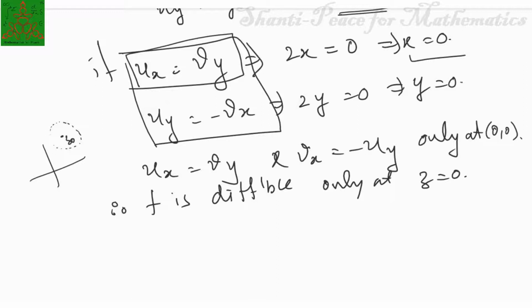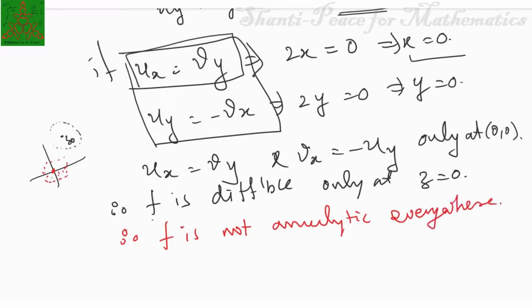And here the situation is, the function is only differentiable at 0. At all other points the function is not differentiable. So what we can say is f is not analytic anywhere. So this function f of z equal to mod z square is not analytic at any point.